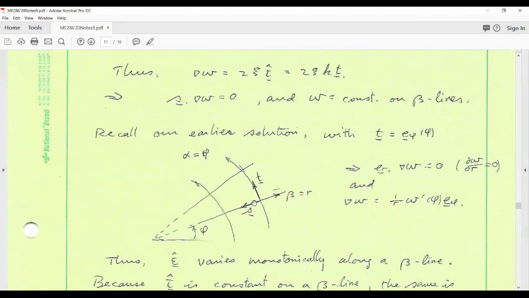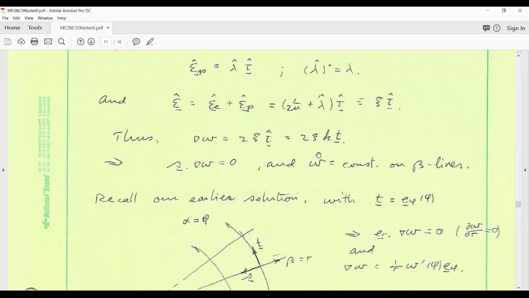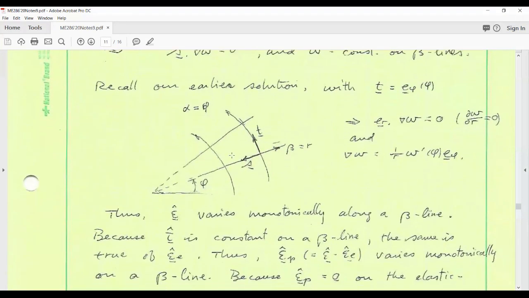Okay, so S is aligned with e r, so then this condition says that e r dot gradient W is 0, which means W has no r derivative, and therefore the gradient of it in a polar coordinate system just picks up the phi derivative, and that's an ordinary derivative because of this condition. Okay, so we have some information about the gradient of W, and hence, since this epsilon hat is 1/2 the gradient of W, we have some information about it.